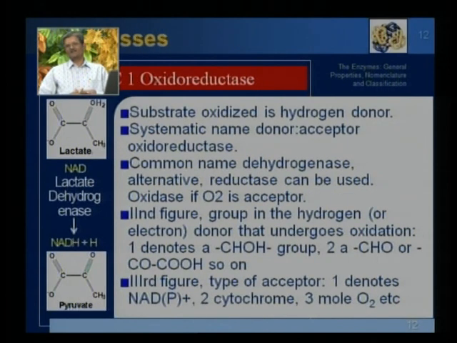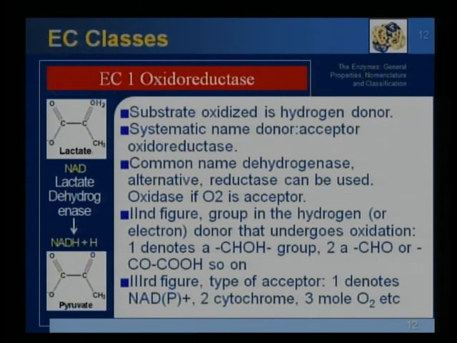Now, as I said, there are several classes of enzyme. Every enzyme has been placed into one of these 6 classes, and the class is represented usually by the first digit of the EC number. And the first group of enzymes are all oxidoreductase type of enzymes. That means every enzyme having an EC number starting with 1, that is number 1 at the first position, is an oxidoreductase type of enzyme.